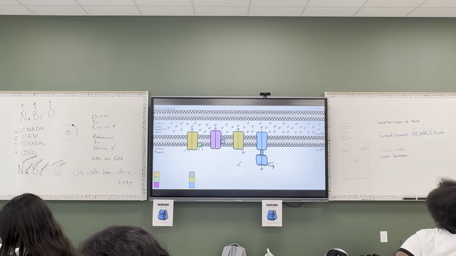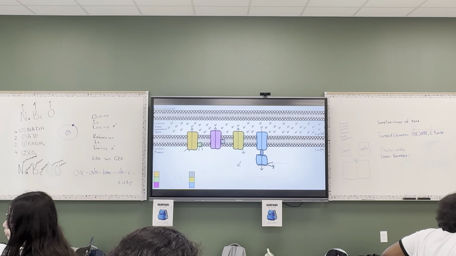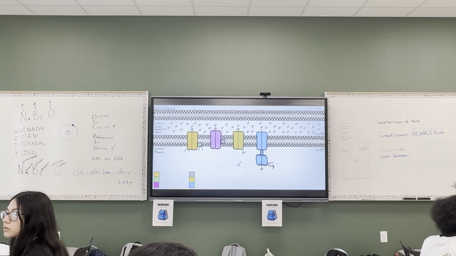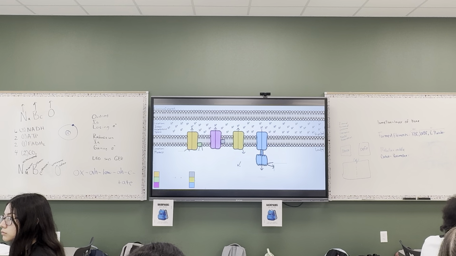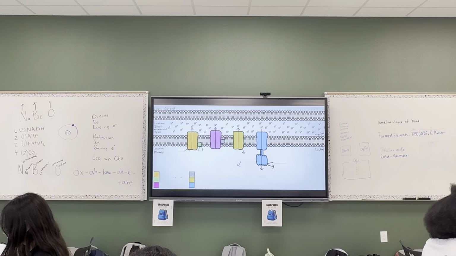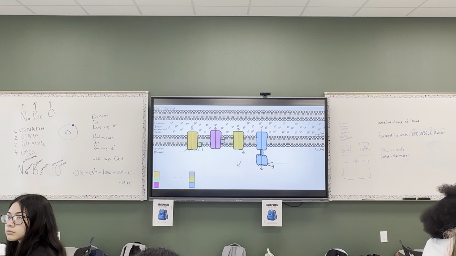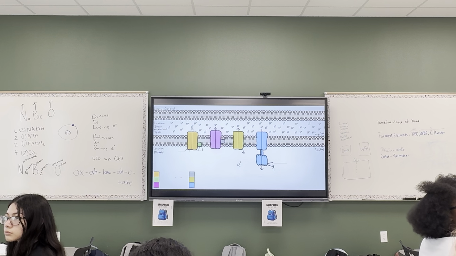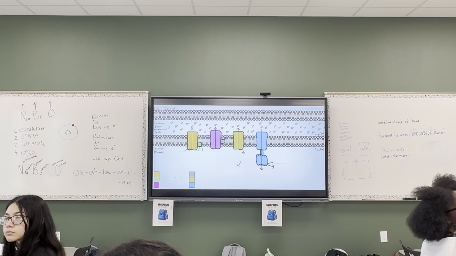These proteins, one of them pumps across a hydrogen, that electron in the form of hydrogen, gives the rest of the energy to the next guy, then gives it to the next guy. They take the energy, pump across a hydrogen, give it to the next guy. As we just saw, Abigail was the last one with how many energies? 3.